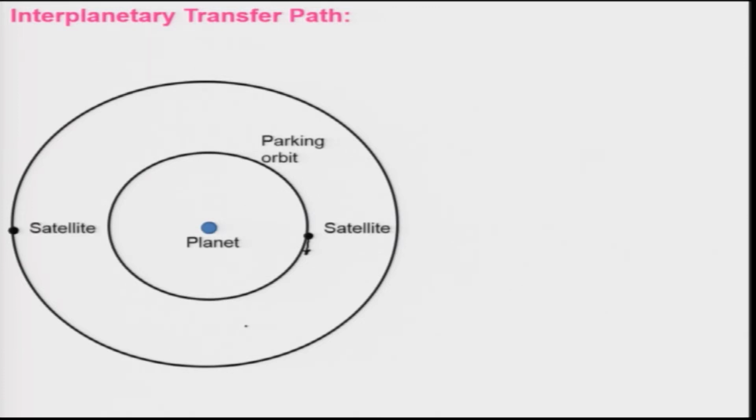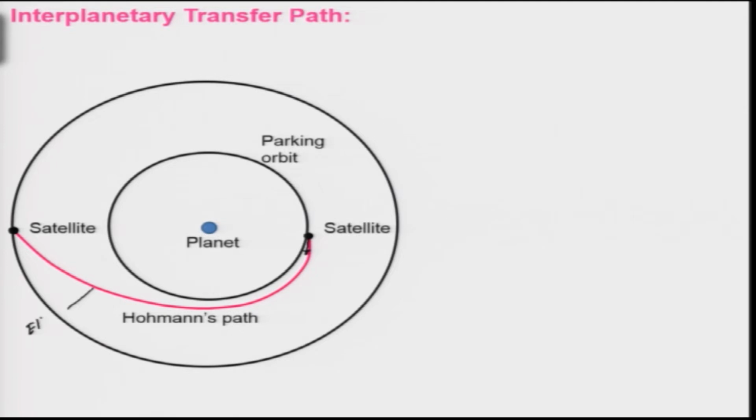Let us say you want to take a satellite from the parking orbit to the other outer orbit, then you will have to go by this path, which corresponds to the minimum amount of energy. Therefore, we call it a Hohmann orbit, and this is elliptical in nature.